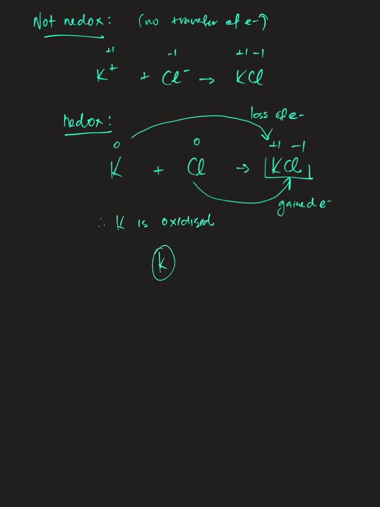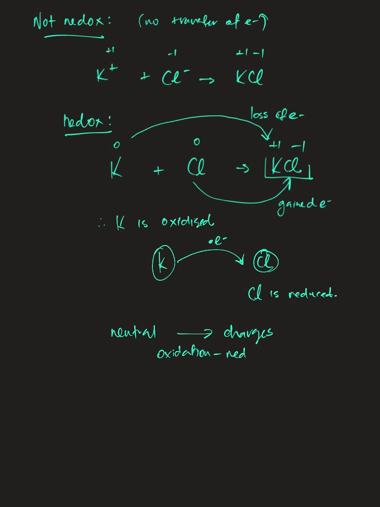And I can see that because the K transferred its electron to the Cl, right? And chlorine is reduced, right? So when I go from neutral to charges, then I have an oxidation reduction reaction, right? I have redox. There must be that transfer.